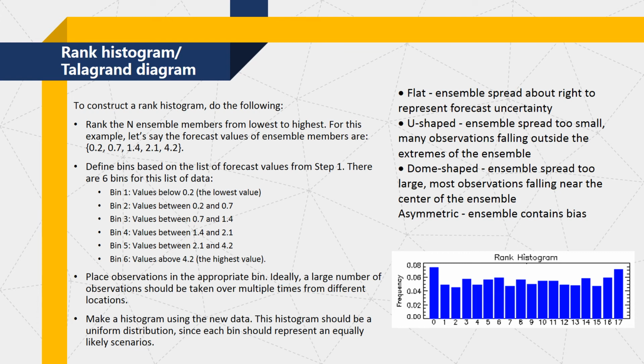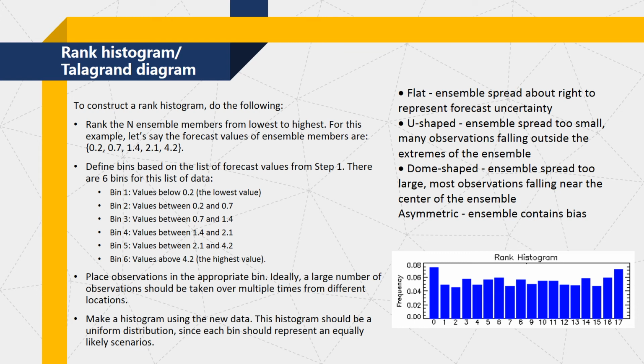And the next step is to place each observation in the appropriate bin. Ideally, a large number of observations should be taken over multiple times from different locations. And then the next step is to make a histogram using the new data.